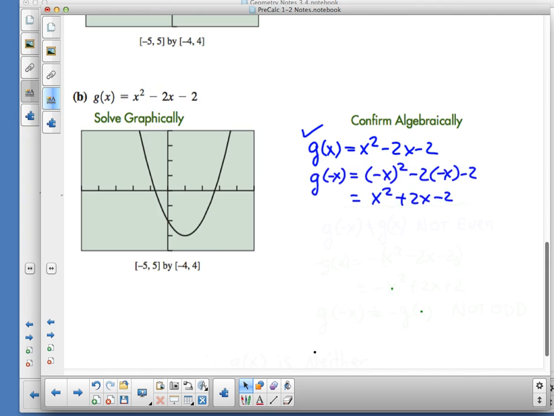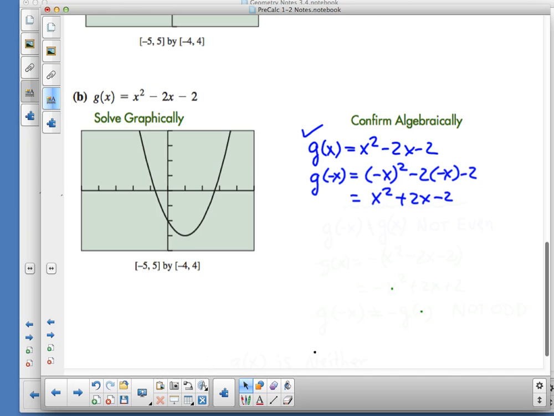As we're going, I put in my opposite of x. Are you okay with this algebraic check? This is like, if someone says, prove that to me. The facts are, if you're looking at an even function f, when you put the opposite of x into f of x, you should get the same value as f of x.